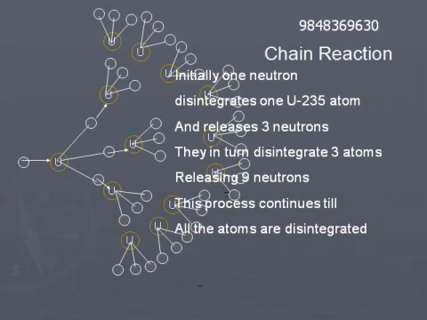Like this, the number of neutrons multiplies in geometrical progression and sustains the disintegration process without the help of neutrons from outside. Such a process is known as chain reaction.